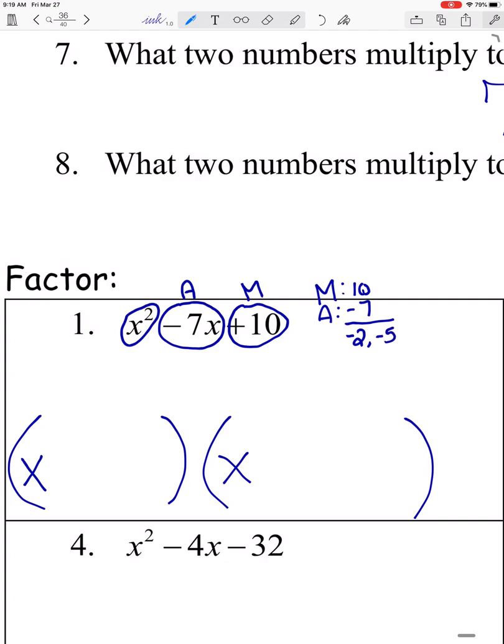All I'm going to do is put them in here like this, negative 2, negative 5, and it doesn't matter which order. If you wanted to do minus 5, minus 2, that would be correct as well. So that's not too terrible once you get used to it.